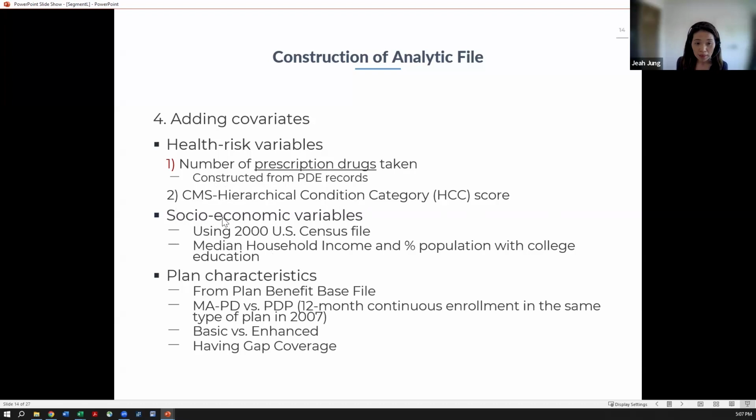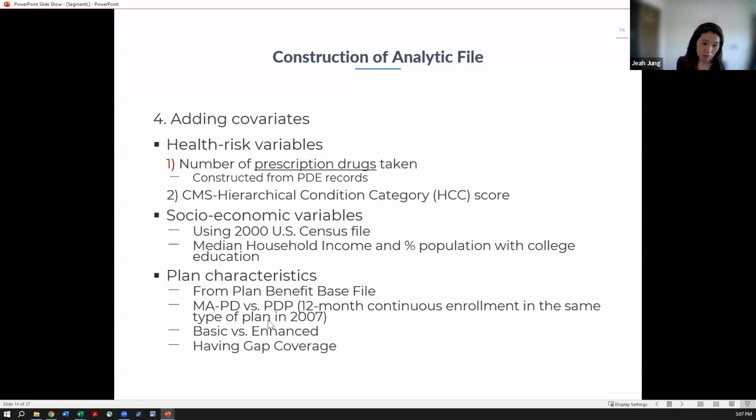And then we had other socioeconomic variables from census files, where I might have used either zip code or county level. I don't remember. You could actually add more ARF variables, the Area Resource File, or American Community Survey (ACS) variables.